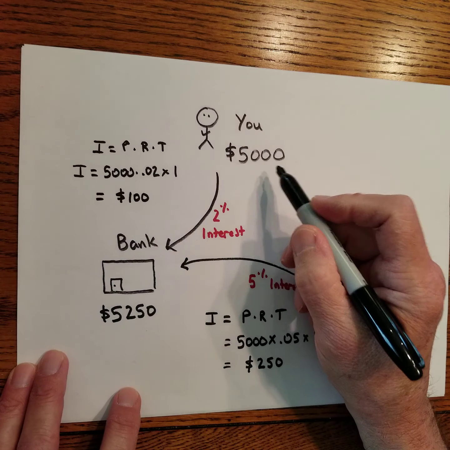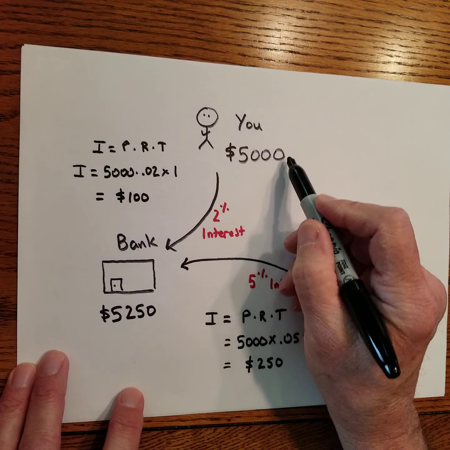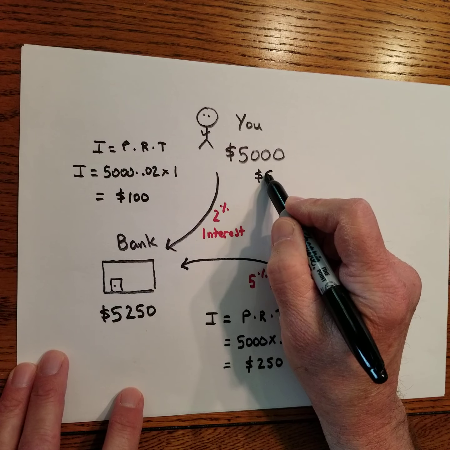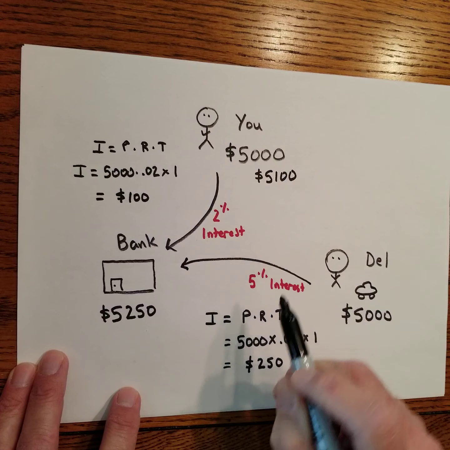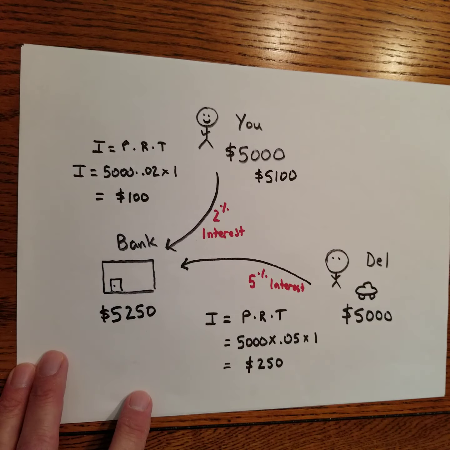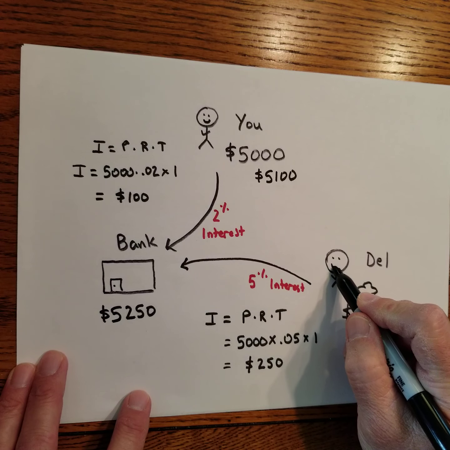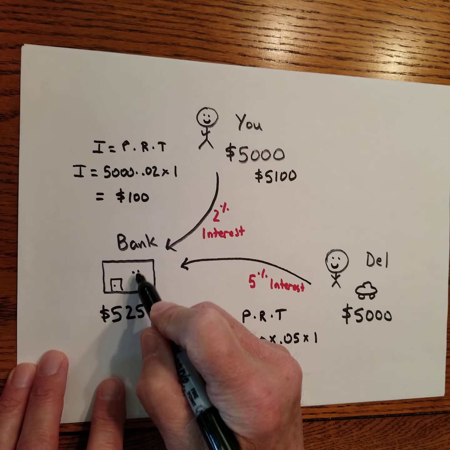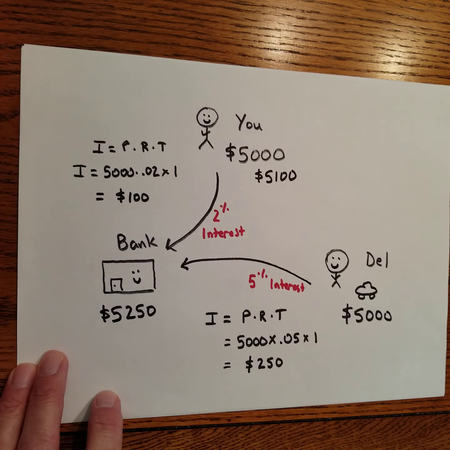So when you go back to get your money, you get your $5,000 back plus an extra $100. You made $100. You're happy. Dell got a car. He's happy. The bank made $150 after they paid you your $100. So the bank is happy. Everybody goes home happy.